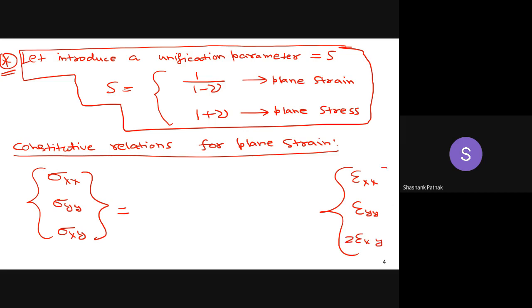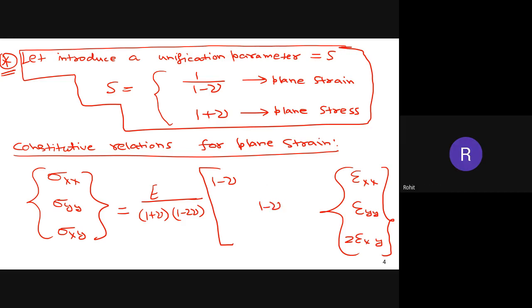E upon 1 plus mu into 1 minus 2 mu, a matrix with first element 1 minus mu, diagonal elements 1 minus mu, and third element 1 minus 2 mu upon 2, and other elements 0. Is it correct?